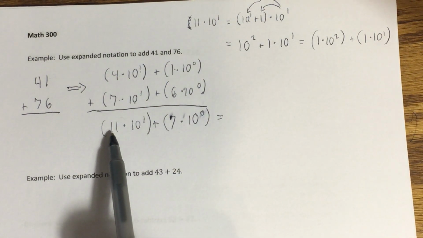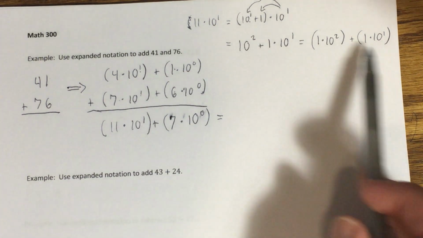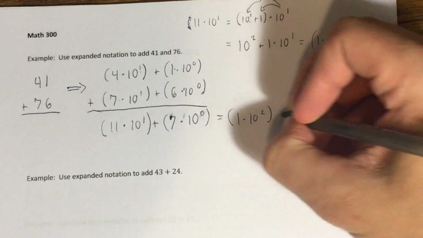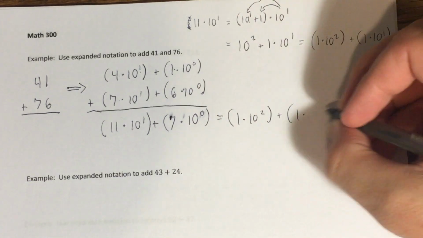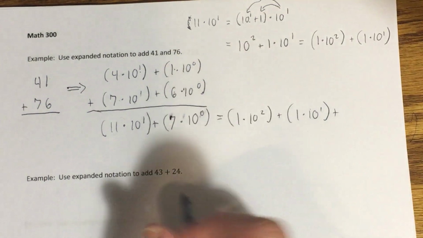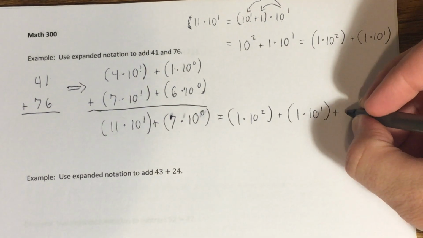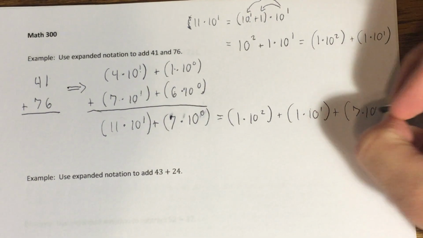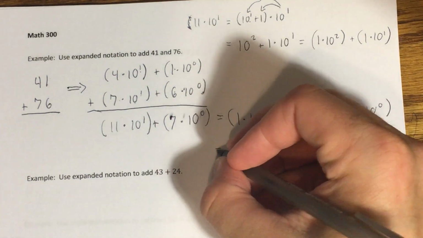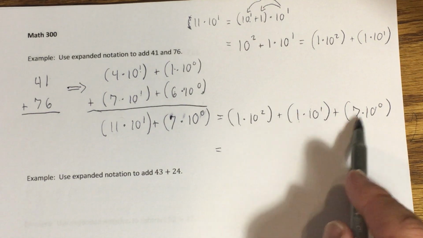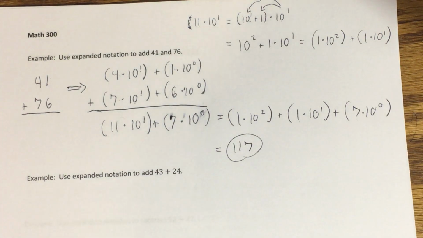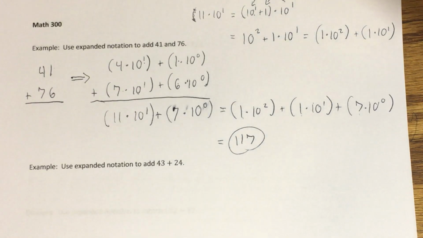So if I were to write 11 times 10 to the 1 this way, I now have 1 times 10 squared plus 1 times 10 to the power of 1 plus this guy right here, 7 times 10 to the power of 0. Now this is the standard form for the number 117. And remember, that's what we said our answer should be, 117.